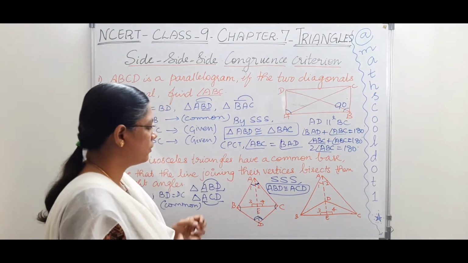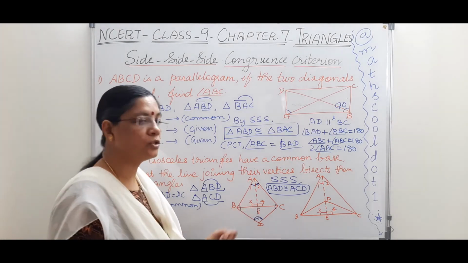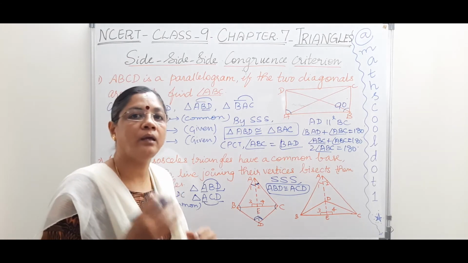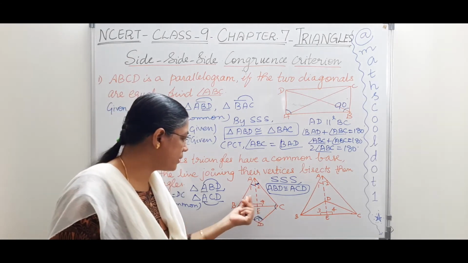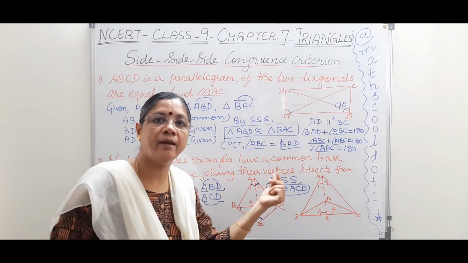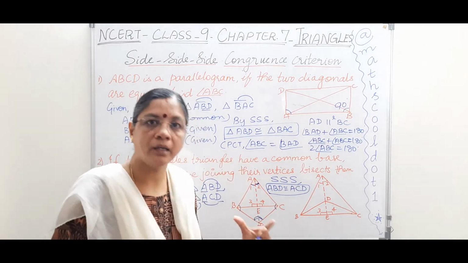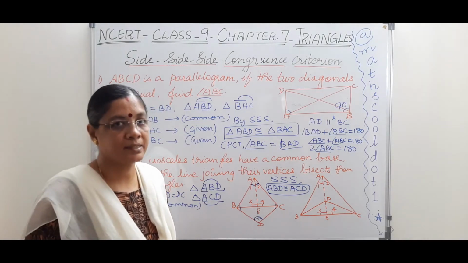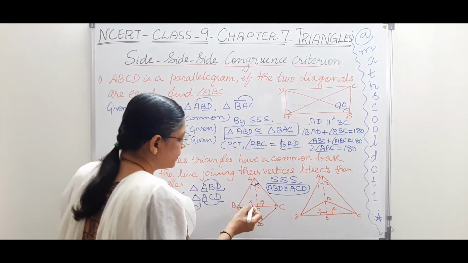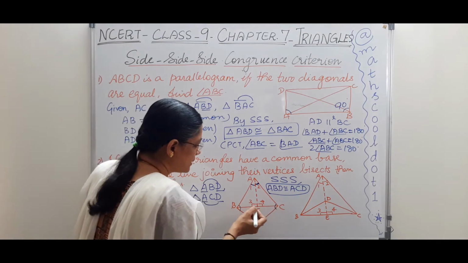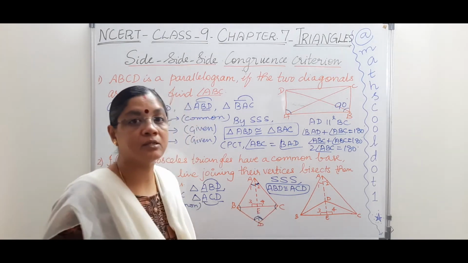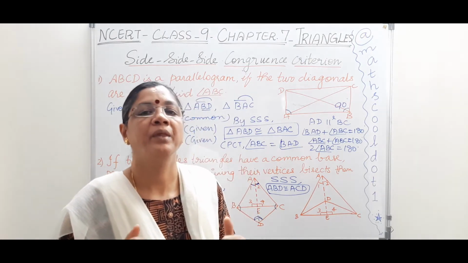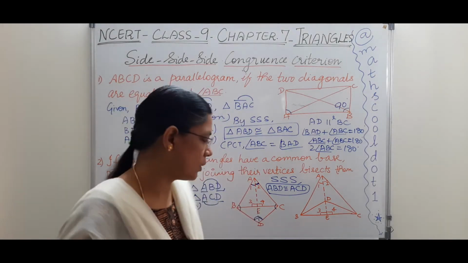So now what shall we do? We need to find these two angles, and we need to see whether they are equal. Only if these two angles, 3 and 4, are equal will we be able to say the line joining the vertices bisects them, right? Bisect means the angles are equal and the sides BE is equal to EC. So what do we need to prove? BE is equal to EC and the angles are also equal.